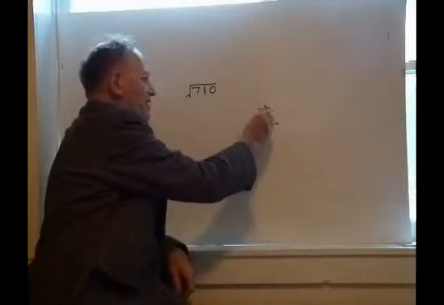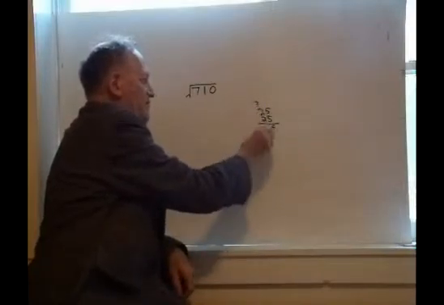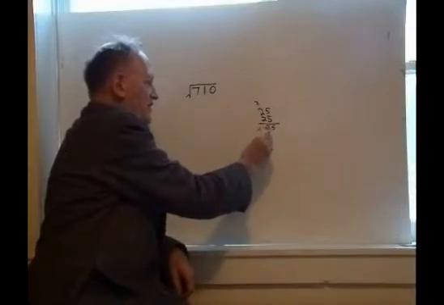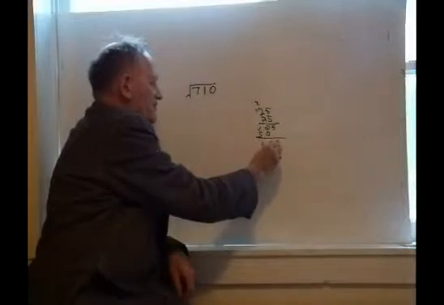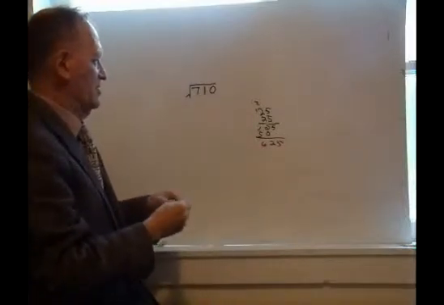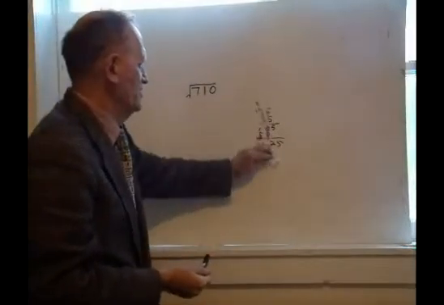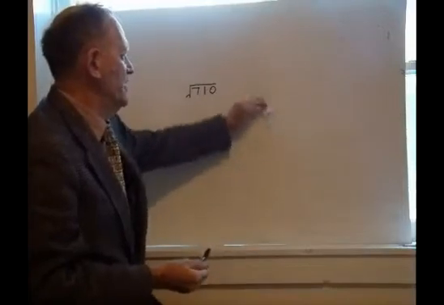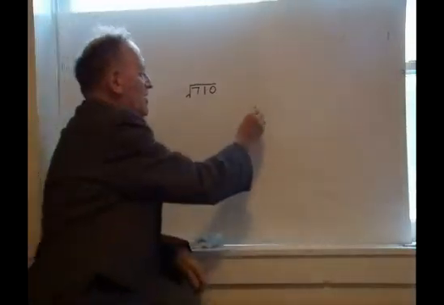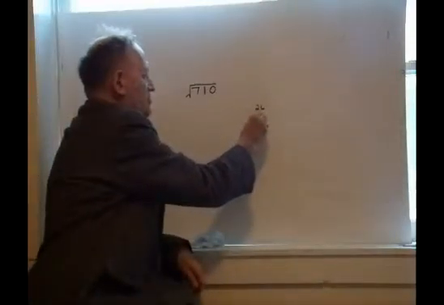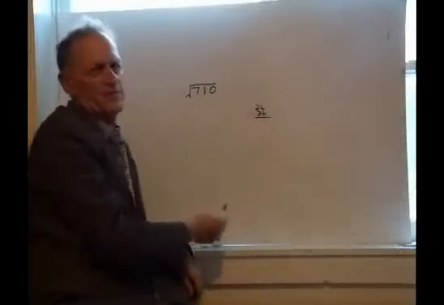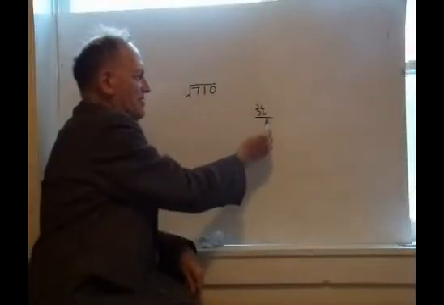Let's try 25. 5 times 5 is 25. Here we get 625. That's not terribly close. Let's just try and make it a little closer. The closer we get it, the more closely it will facilitate our calculations later on.